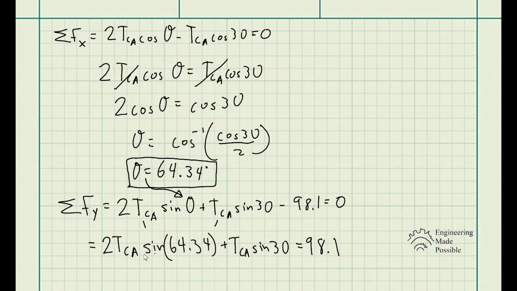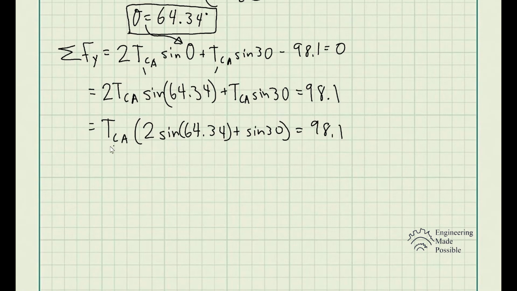From here, you can actually factor out the TCA. So let's go ahead and do that. After you factor out the TCA, this is what you get. And you divide both sides of the equation by what is in the parentheses, 2 sine and so forth.